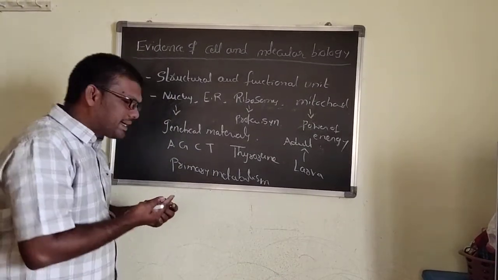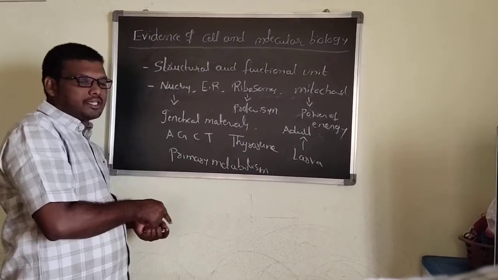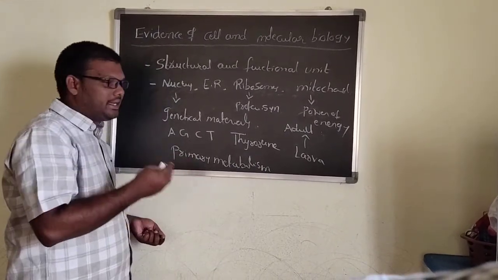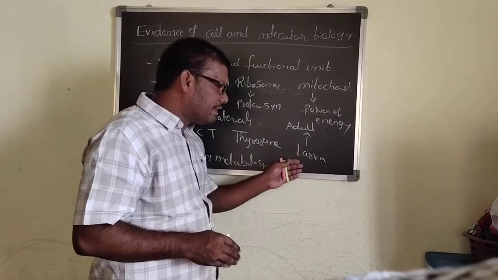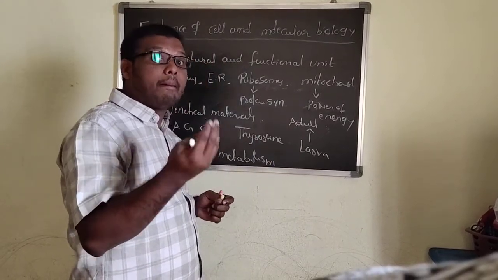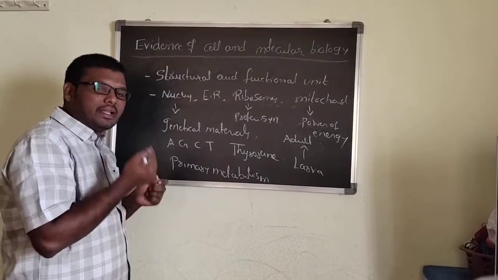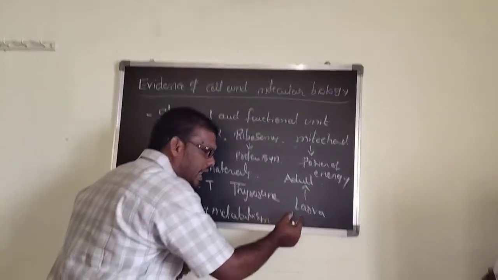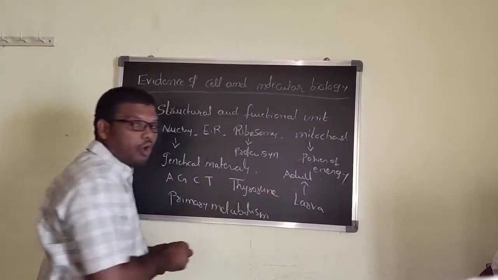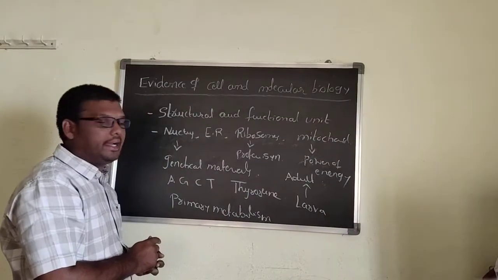Now I can inject thyroxine artificially. At that time the larva is converted to the adult. What thyroxine can I inject? From mammals I can take thyroxine, and I can artificially inject it into the larva of the frog. At that time it will be converted from larva to adult.